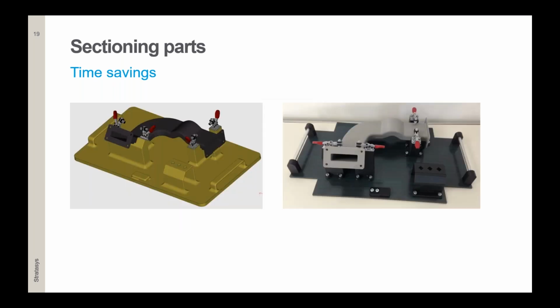So let's look more closely into the time-saving aspect when sectioning our parts. On the left, we see a fixture to hold the back part, where you see metal fixators, which are not printed. They're just something off the shelf. On the right, we see the same fixture, but sectioned and printed using FDM design rules.